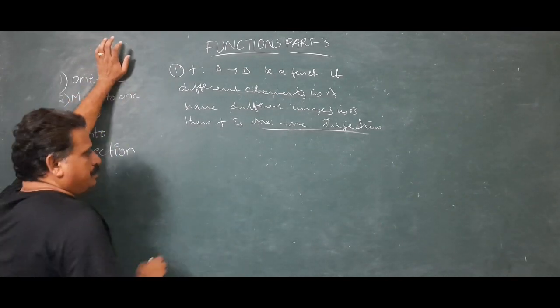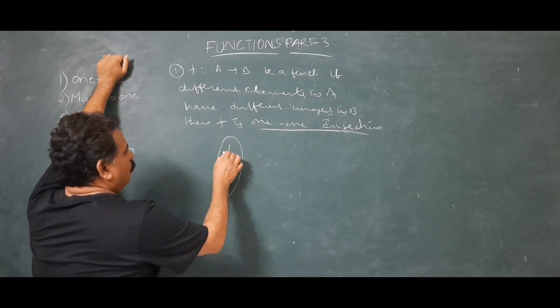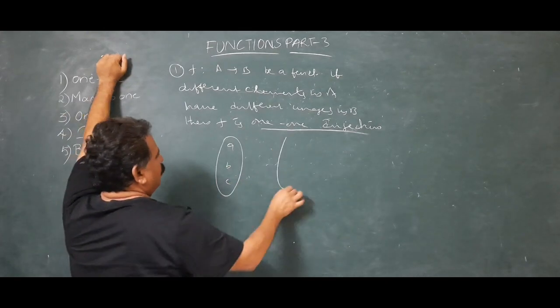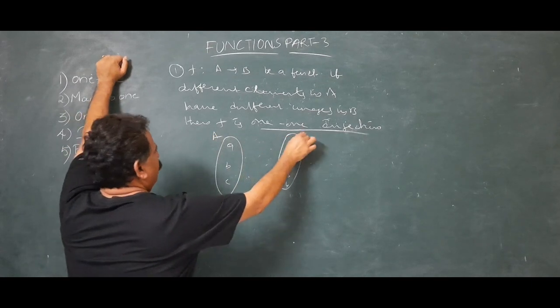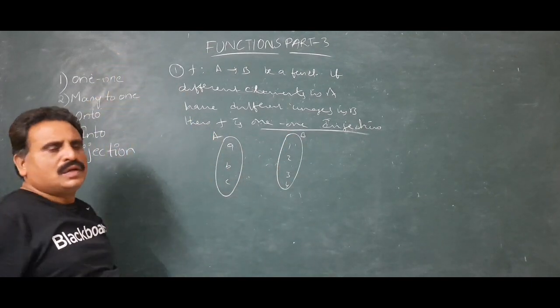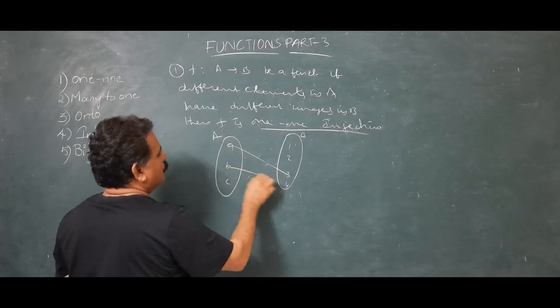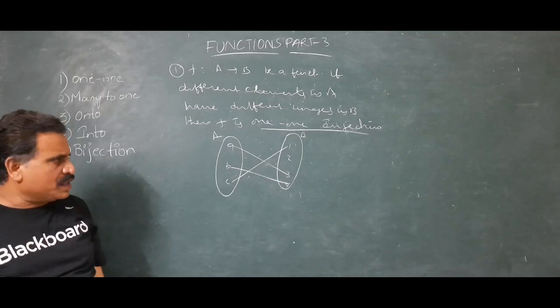Now here, for example, A = {a, b, c}, B = {1, 2, 3, 4}. Let us define a mapping to 3, b mapping to 4, c mapping to 1. It is a one-one function.